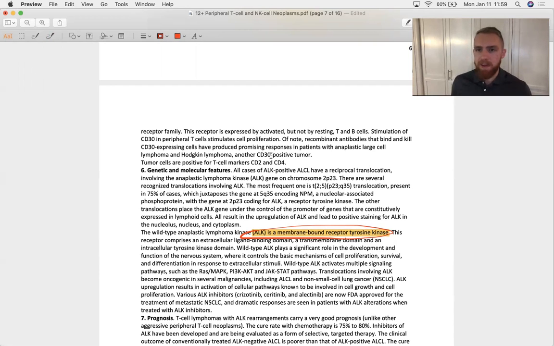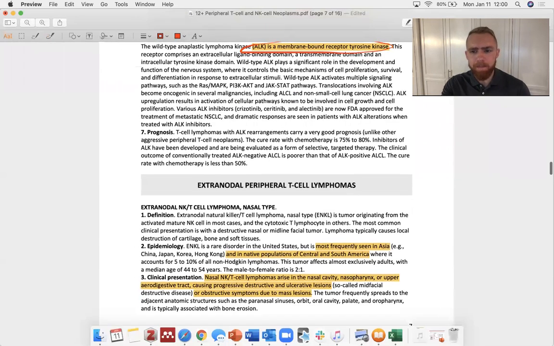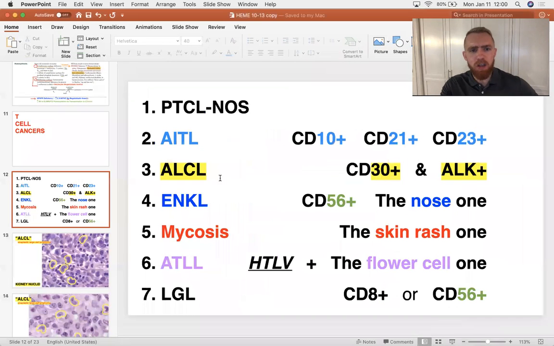And then A, tyrosine kinase, B, growth factor, C, growth factor receptor, D, like cell cycle checkpoint protein. And so that's the question essentially. And you can take that question and insert any cancer in the world into that question frame. So that's why it's a popular question. It's easy for test writers. So that is our anaplastic large cell lymphoma.